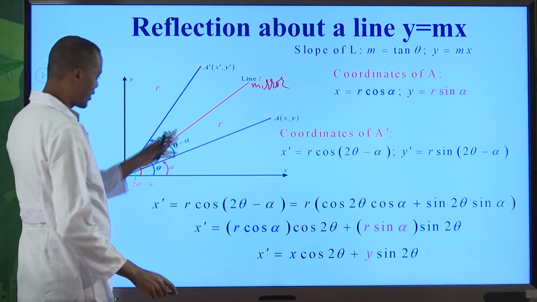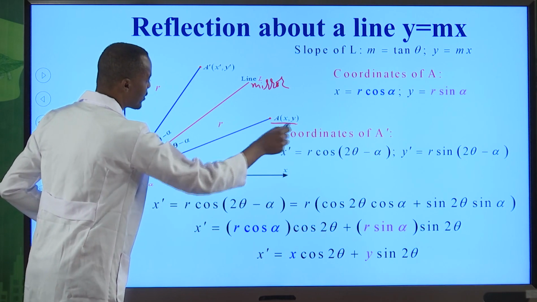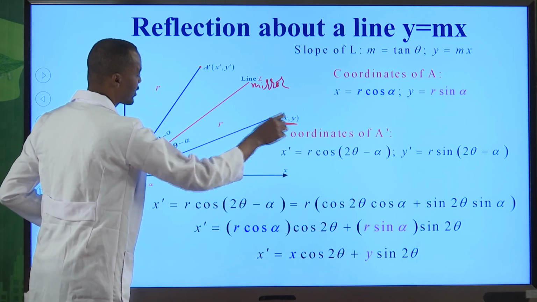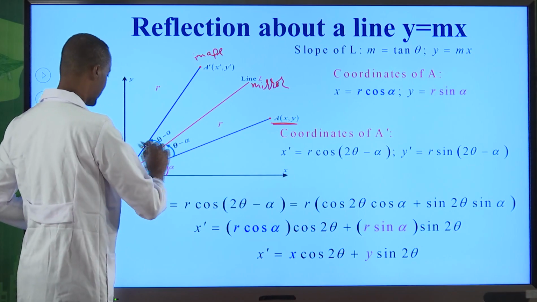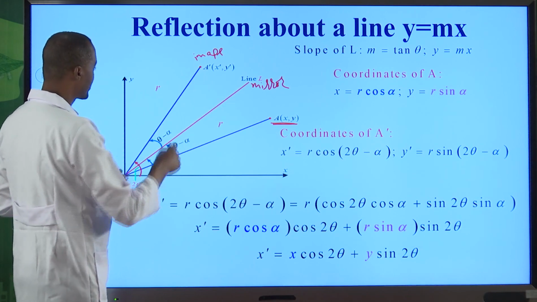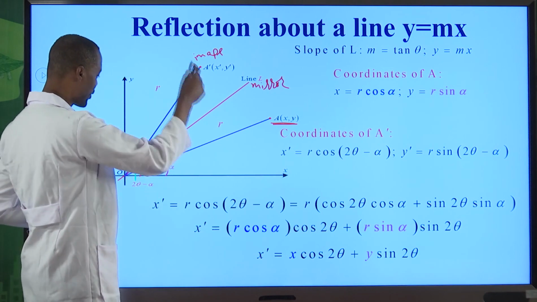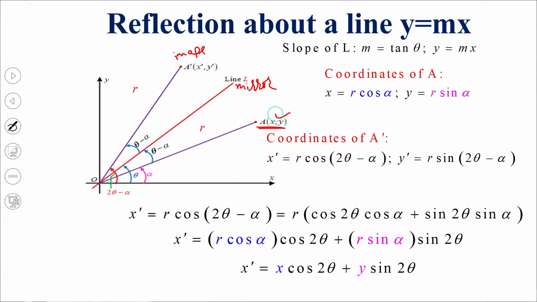With the help of this mirror line, I have one point, the object A of x comma y, and this is my image, A prime of x prime comma y prime, after reflection about this line. Our target is, given these two, to calculate x prime and y prime.